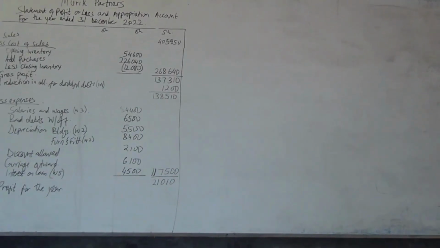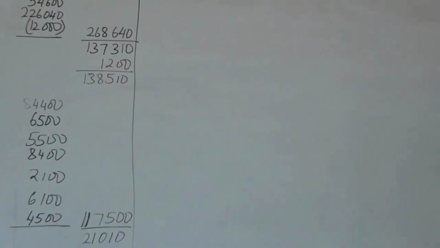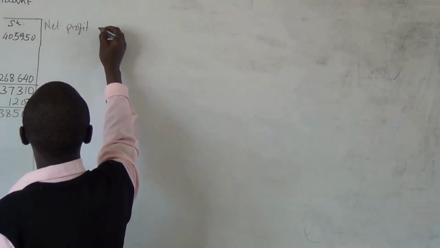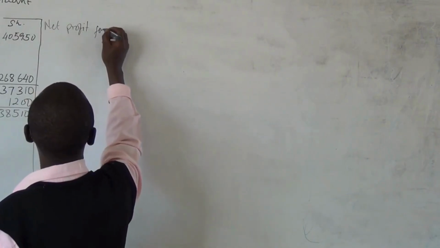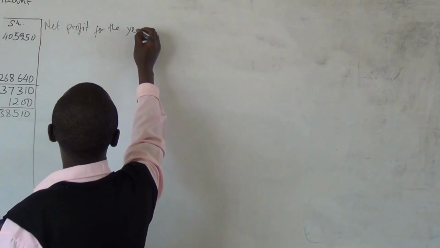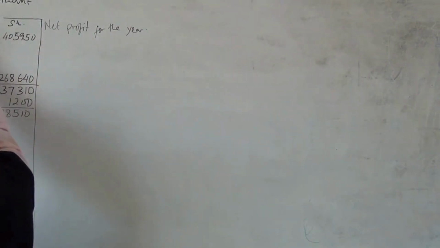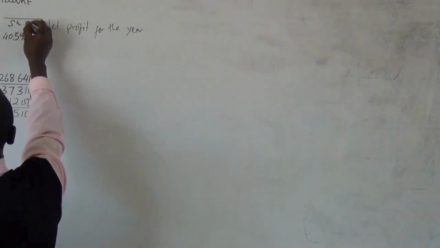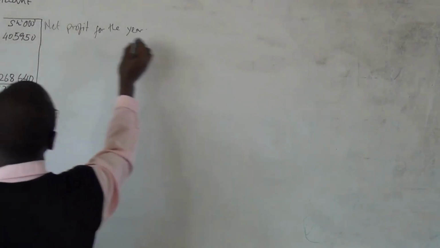We start with the profit of 21,010, the net profit for the year. This is in shillings thousand. If you forget that, you're giving us the wrong information.